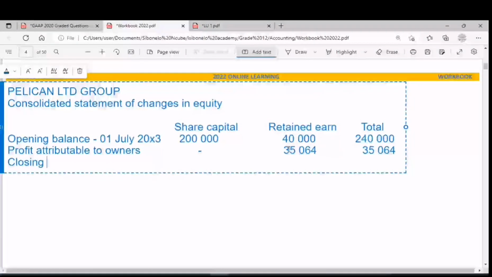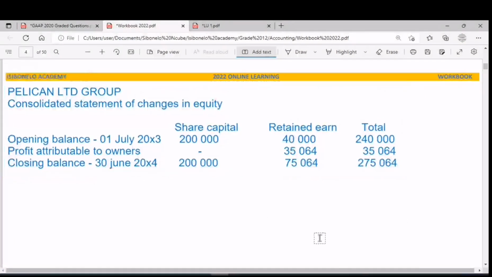So the closing balance at 30 June 20x4 is 200,000 for share capital, and for retained earnings 40,000 plus 35,064, and the total is 275,064.